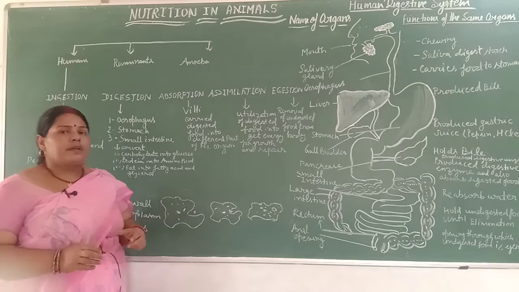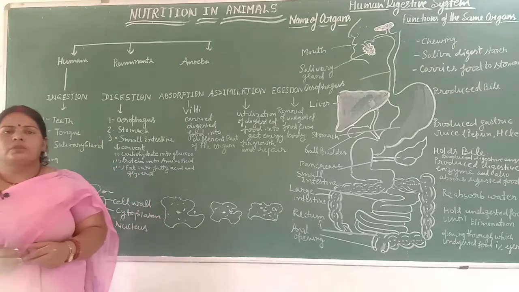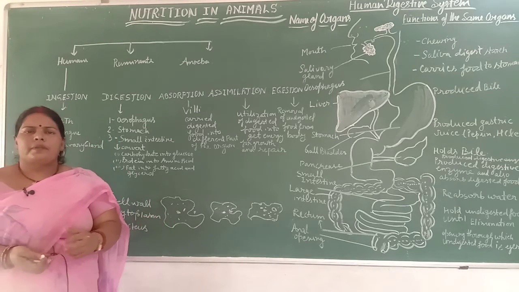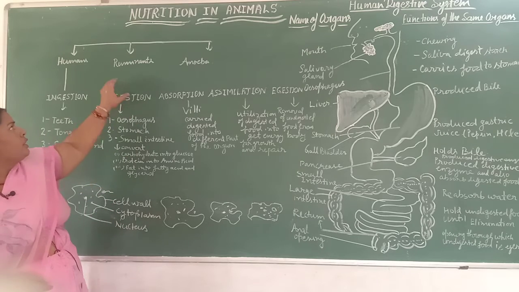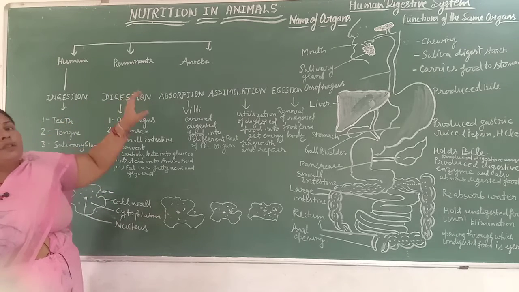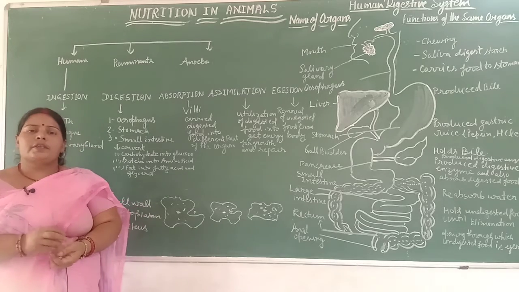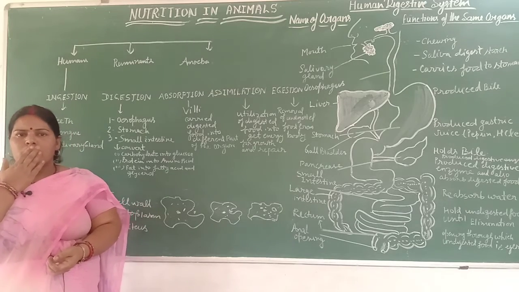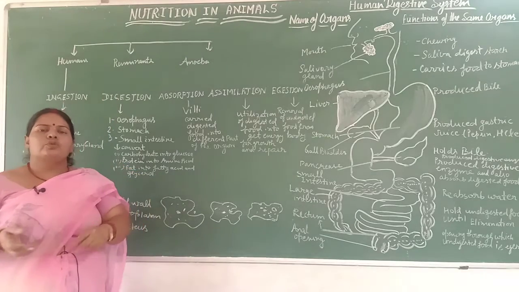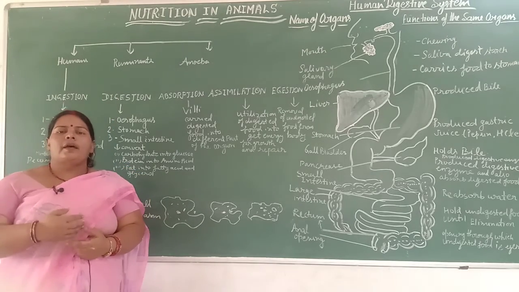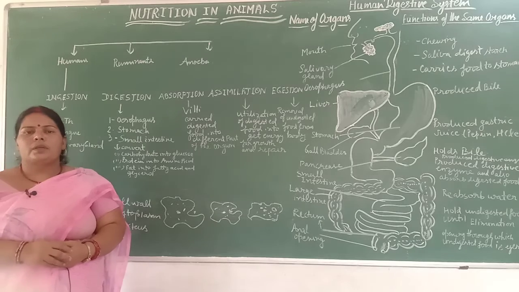Again, different types of multicellular organisms take food by different body parts. Here you see the ruminant takes food only by mouth, and human beings take food with the help of hands and mouth.